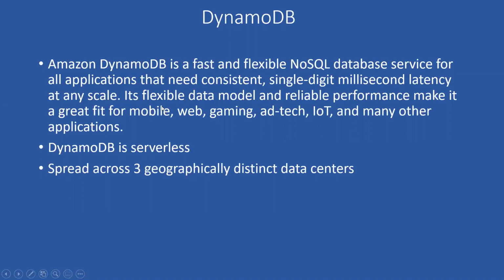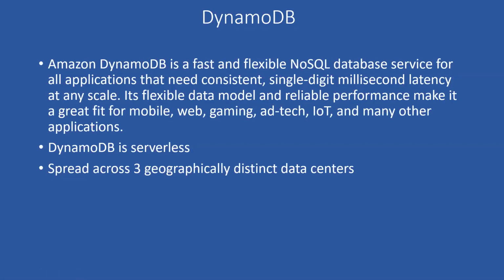The reason it's flexible is because you can dump the whole JSON into it. The flexible data model and reliable performance make it a great fit for mobile, web, gaming, ad tech, IoT, and many other applications. A lot of mobile applications use it, and a lot of gaming people use it.